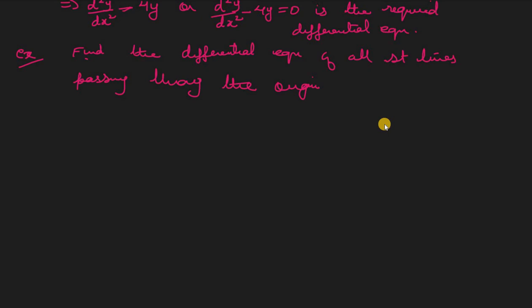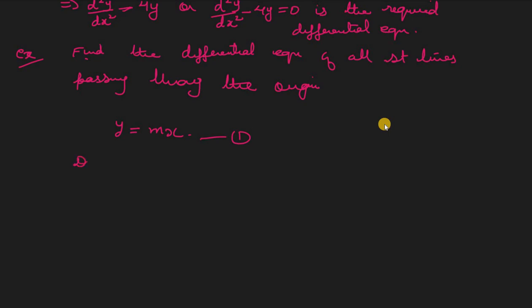And we know that you have done this in class 12, straight line equation. The given family of curves of all straight lines passing through the origin is given by y is equal to mx. This is the given family of curves, and as you can see, it involves only one constant. So by the working rule, you have to differentiate this equation once only.